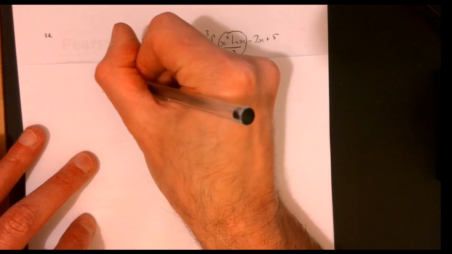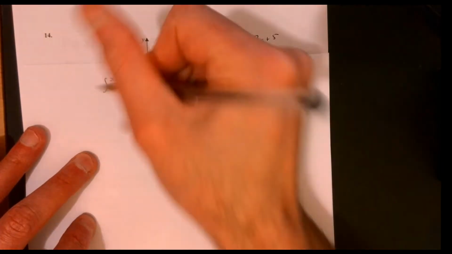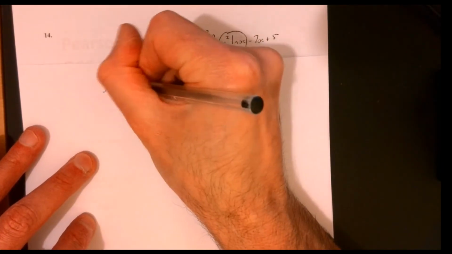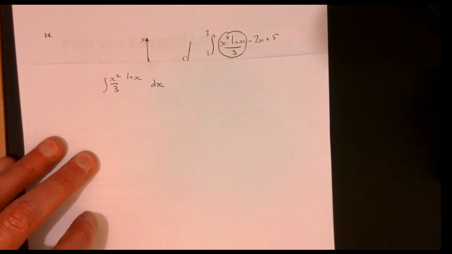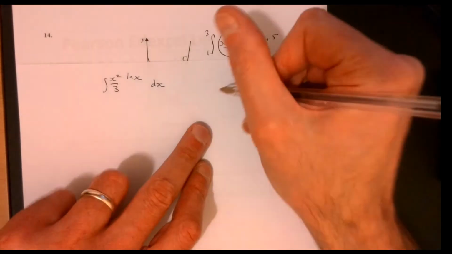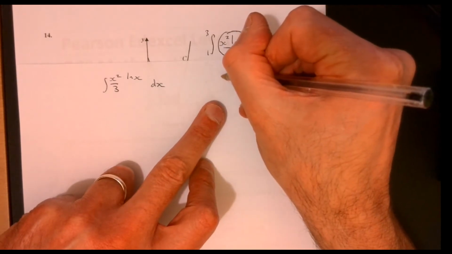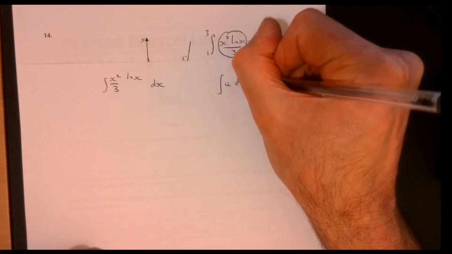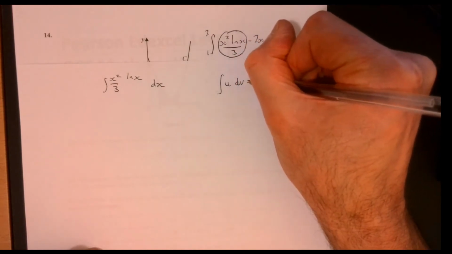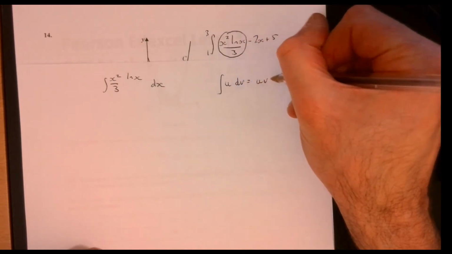If I had x squared ln x over 3 and we wanted to integrate that, what would we do? Well, it's by parts. And again, the hardest thing is probably just recognizing it. Again, it's in the formulae book.